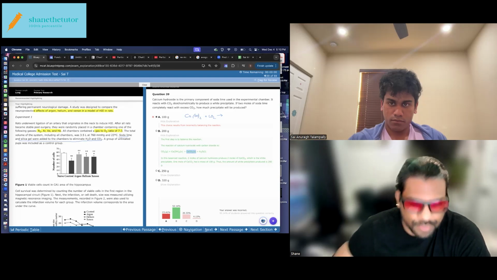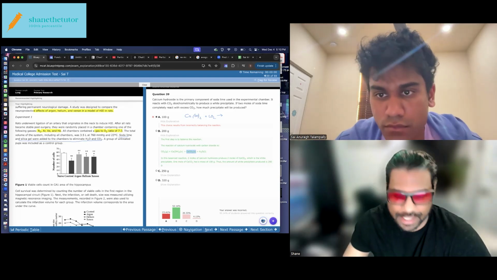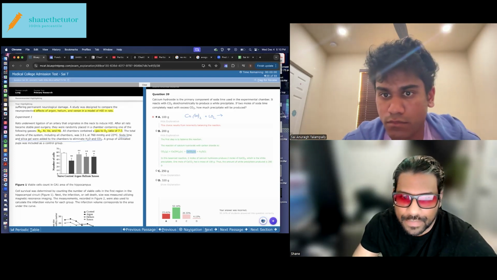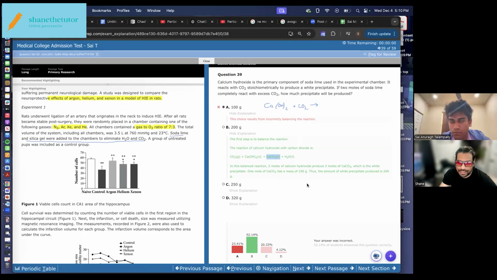If we see this reaction and you're unsure of how to move forward, we can think about it like this: calcium carbonate is a solid.